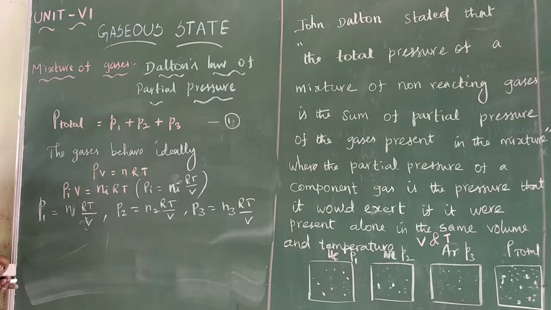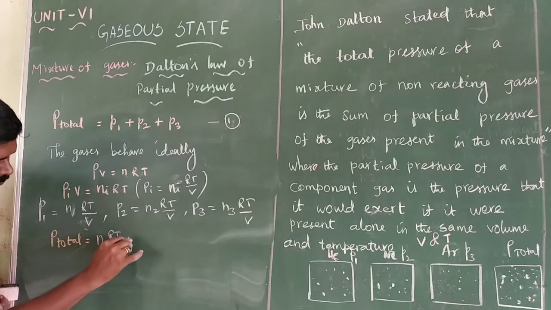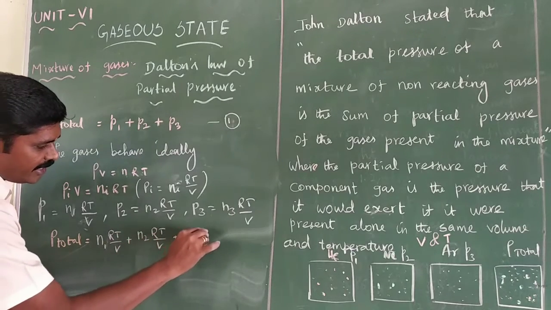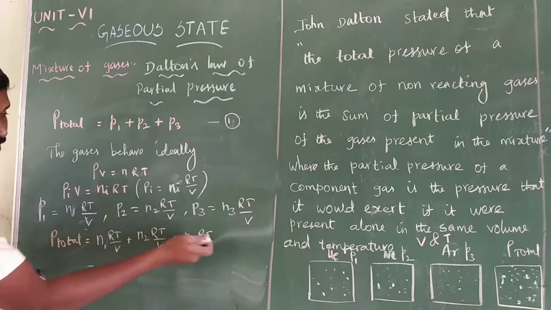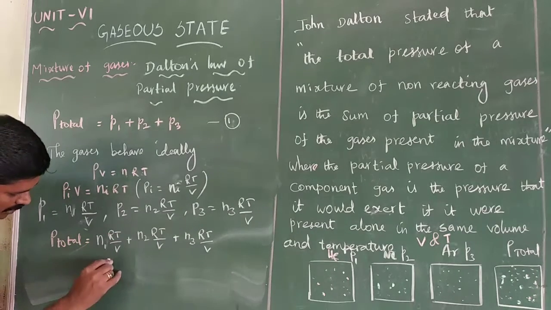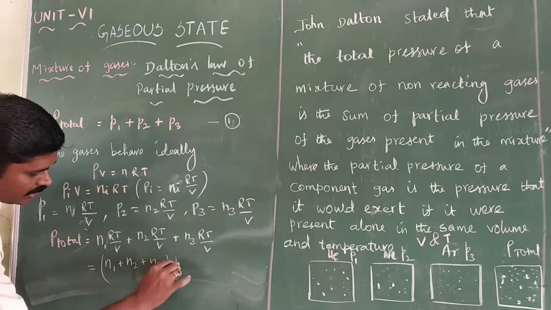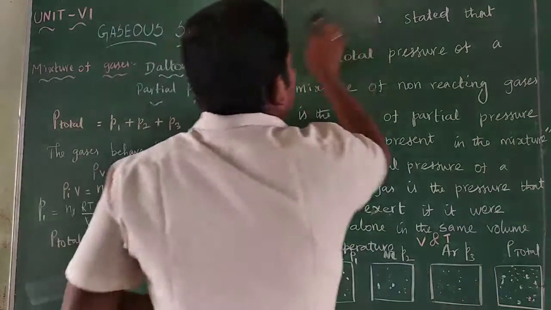P total is equal to n1 RT by V plus n2 RT by V plus n3 RT by V. Taking RT by V as common, that is equal to n1 plus n2 plus n3, into RT by V.